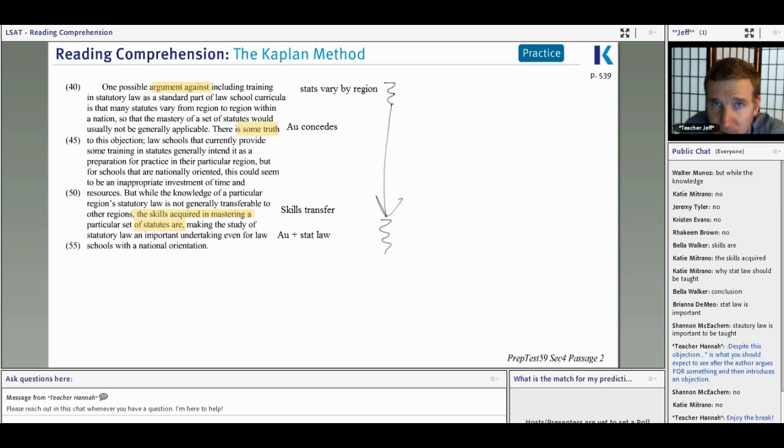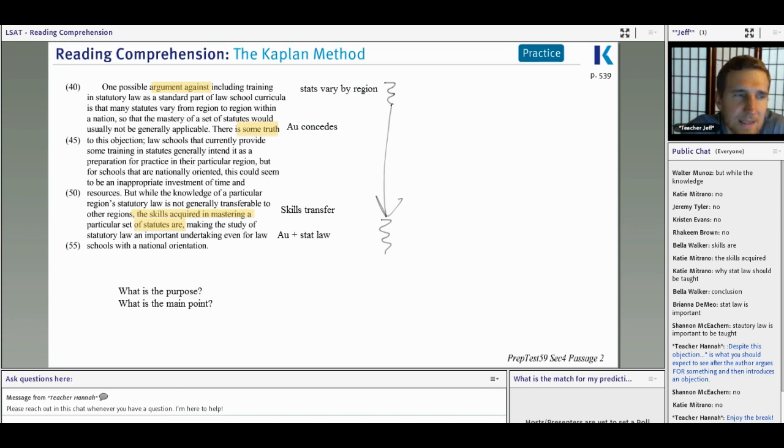Reading the passage. At the end of reading a passage, you'd always want to pause and say to yourself, what is the purpose? And what is the main point? Why do you think we would do that? Why would we, after we finish reading any reading comp passage on the LSAT, want to stop and say, what's the purpose?